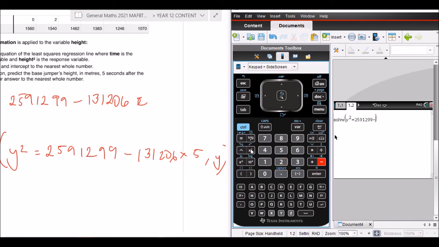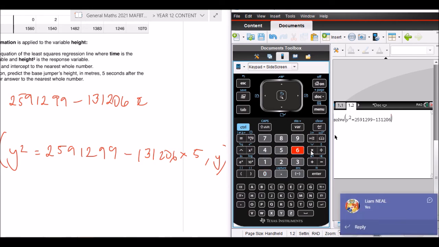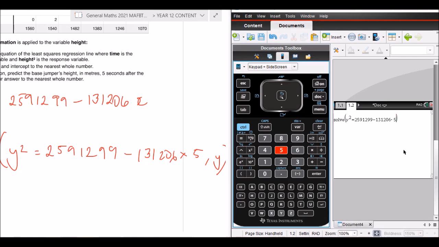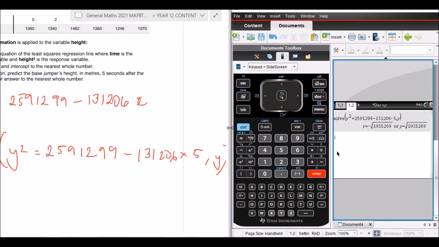Yep, take away 131,206 multiplied by 5, comma, Y. Okay, now if you get this, just press Control Enter. There's your final answer. Okay, so Y equals 1391.14.